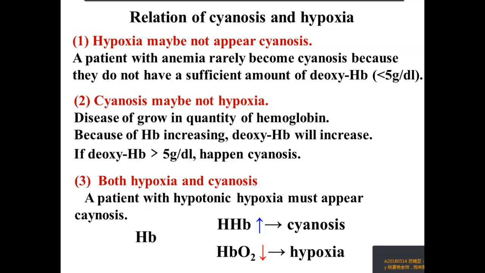Understand? The second, cyanosis but no hypoxia: for example, a disease in which the quantity of hemoglobin increases. The last, hypoxia and cyanosis together: for example, hypotonic hypoxia.